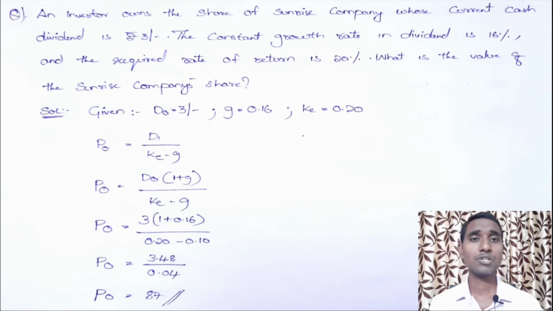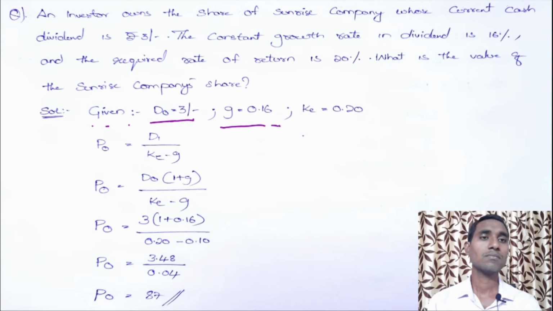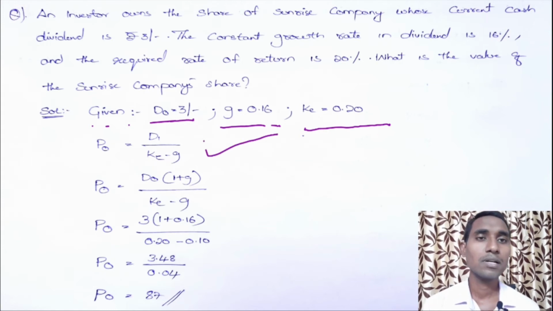A very simple question. So let us look into the solving part. Given items: D0 is equal to 3, G, the growth rate, is 16%, KE is 20%. Now, we know the formula of the constant growth rate model, P0 is equal to D1 divided by KE minus G. But D1 is not given here.